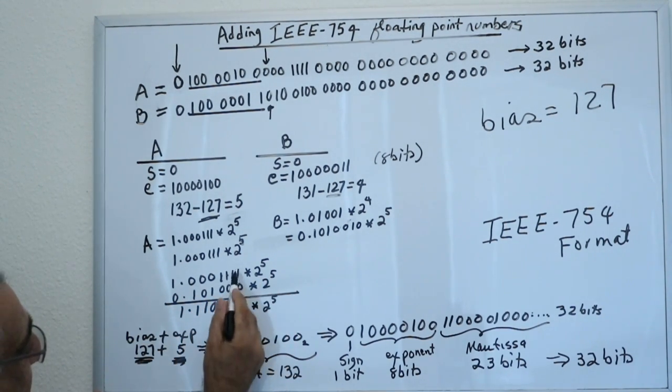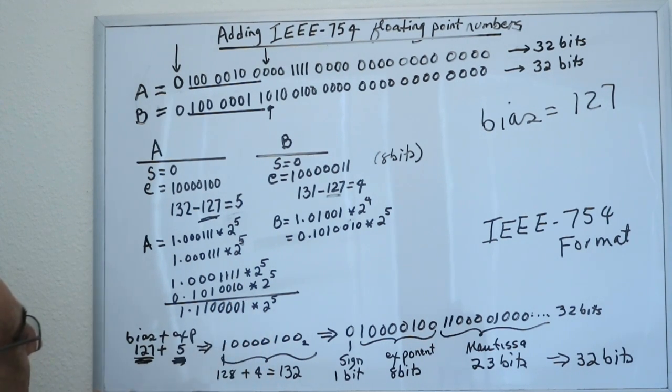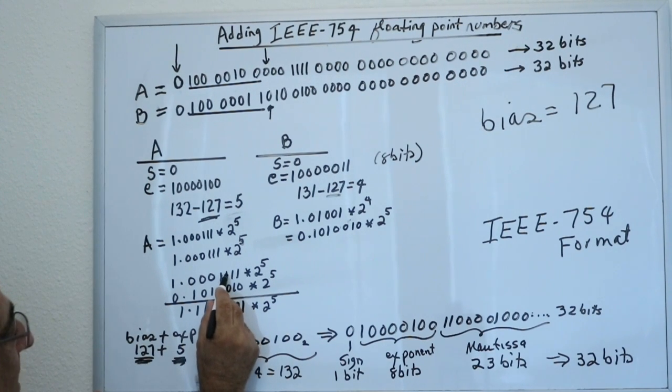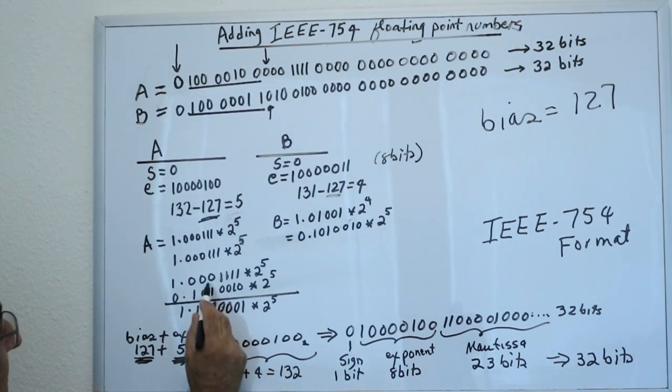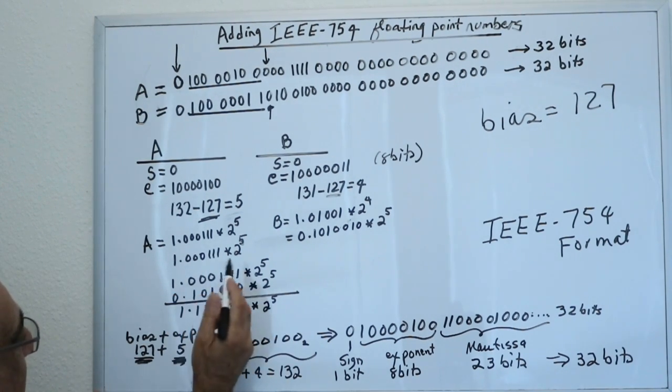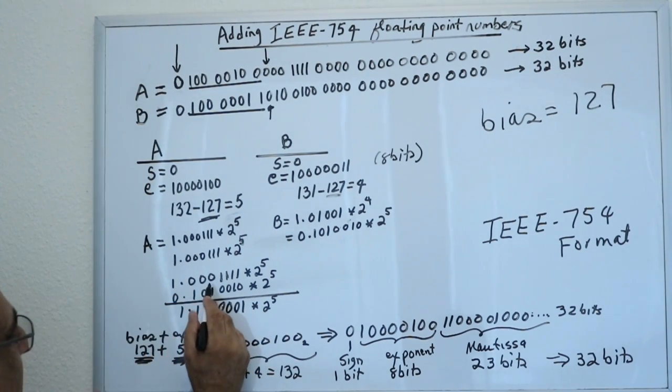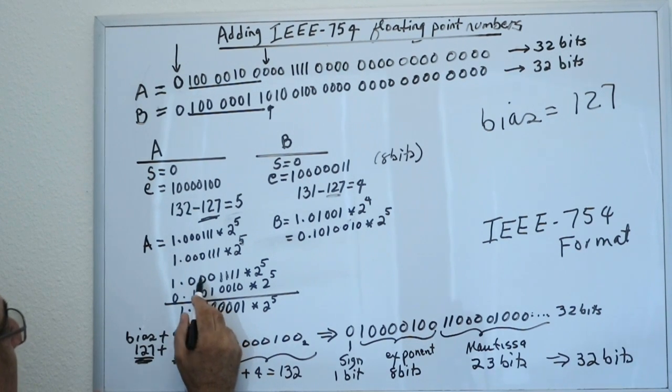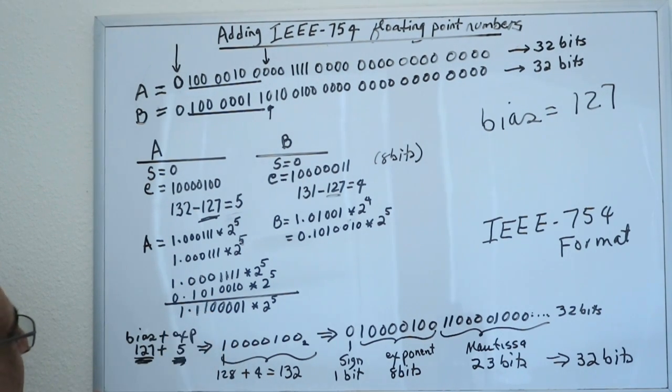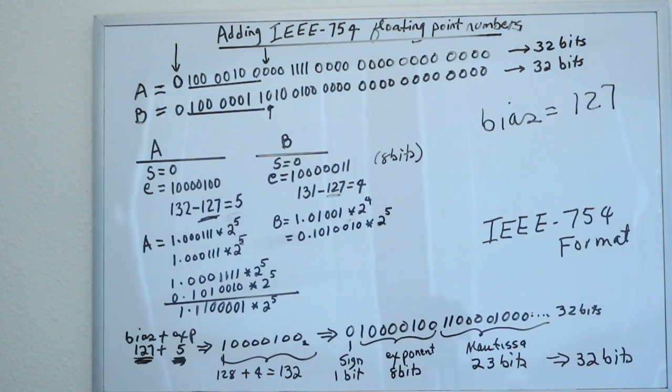So if I do my straight addition in binary, 1 plus 0 is 1, 1 plus 1 is 0 carry 1, 1 plus 1, 0 carry 1, 1 plus 1, 0 carry 1 unit of 2, and plus 0, so that gives me 1, 0 plus 1 is 1, 0 plus 1 is also 1. So this times 2 to the 5th. So basically, this is what I got.